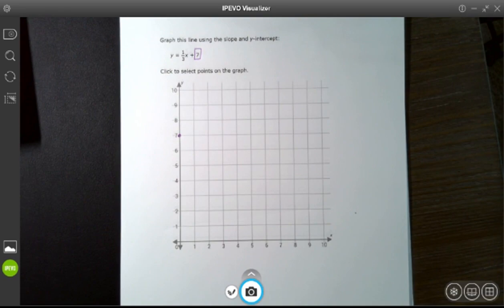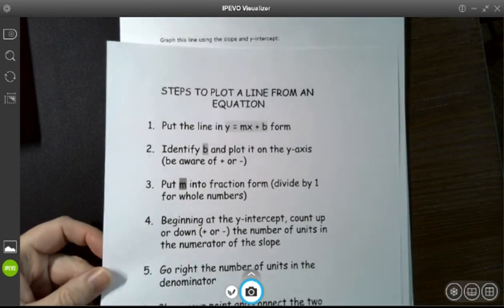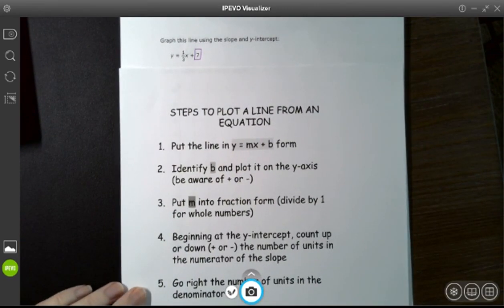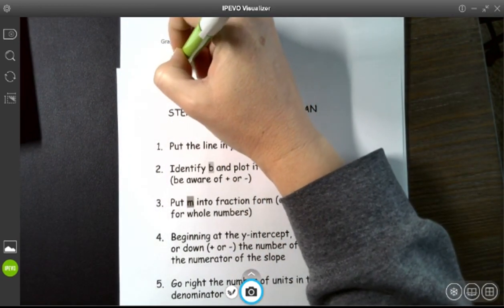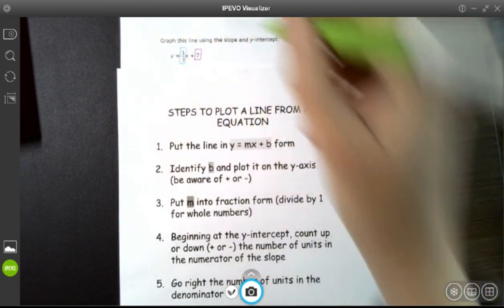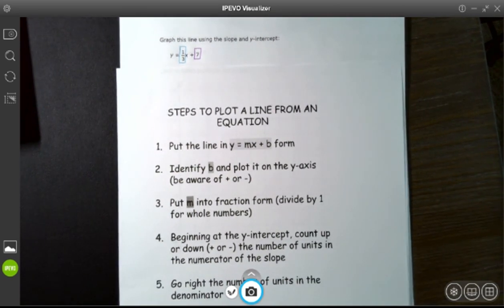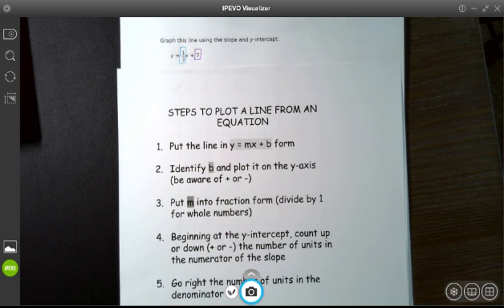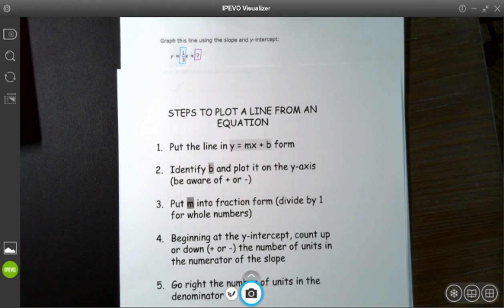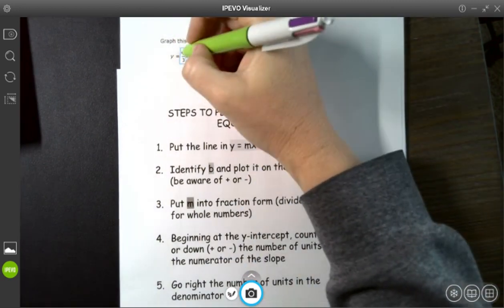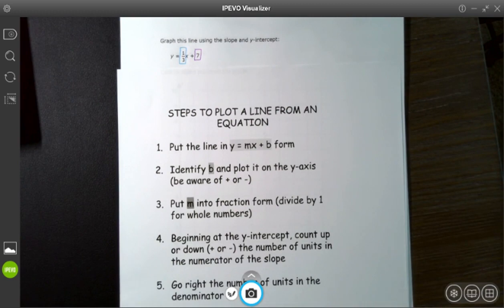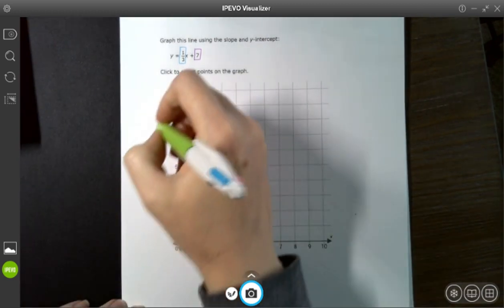Step 3 is to put m, my slope, into fraction form. I'm already in fraction form, so I'm good to go. Step 4, begin at the y-intercept and count up or down the number of units in the numerator of the slope. My numerator is +1, so I'm going to go up 1 unit.